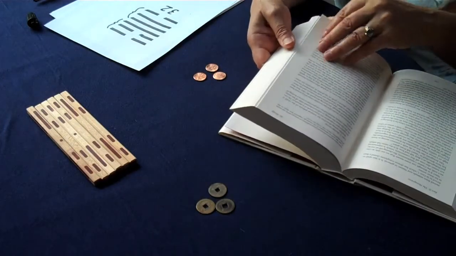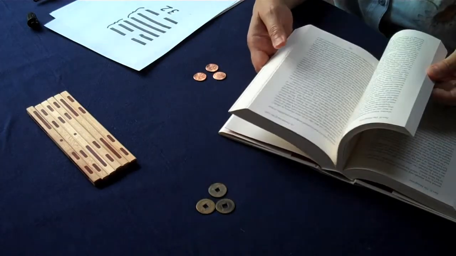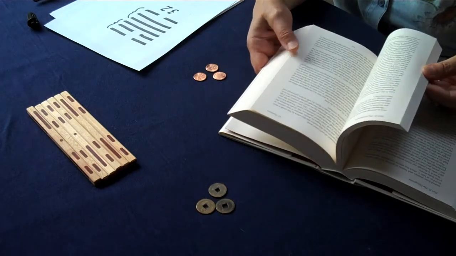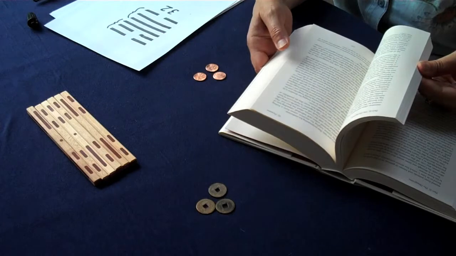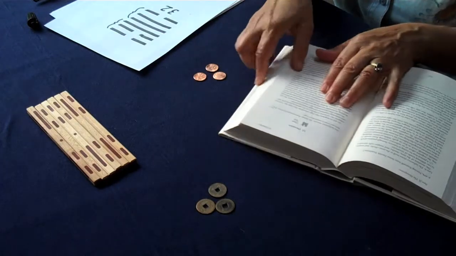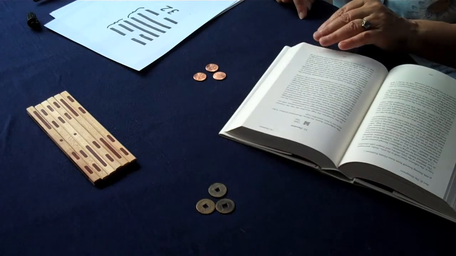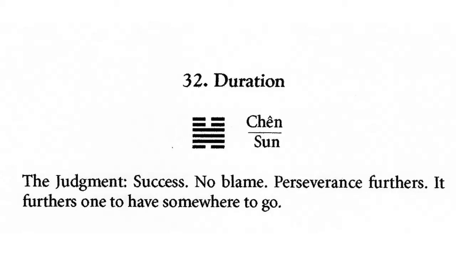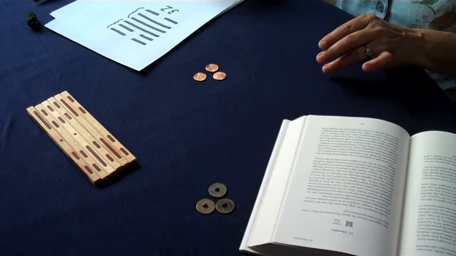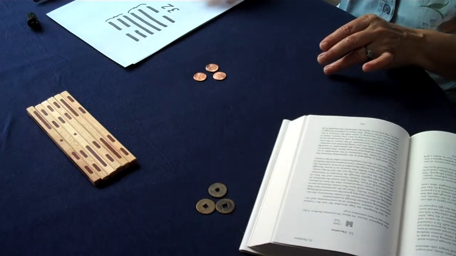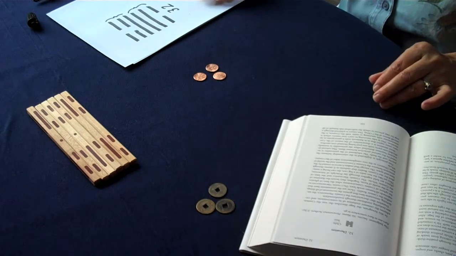And now I can look up this hexagram in the book just to see what name it has. 32 is called duration. And again, I can see the depiction of this hexagram that I have received. Right here, we're only concerned with the actual technique of building a hexagram and not with the interpretation.